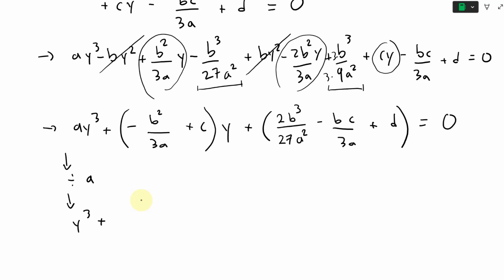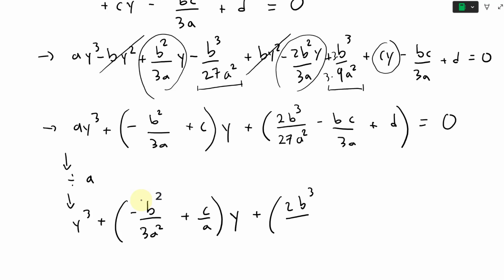This is going to be y cubed plus negative b squared over 3a squared plus c over a, y, plus 2b cubed over 27a cubed minus bc over 3a squared plus d over a equals 0.